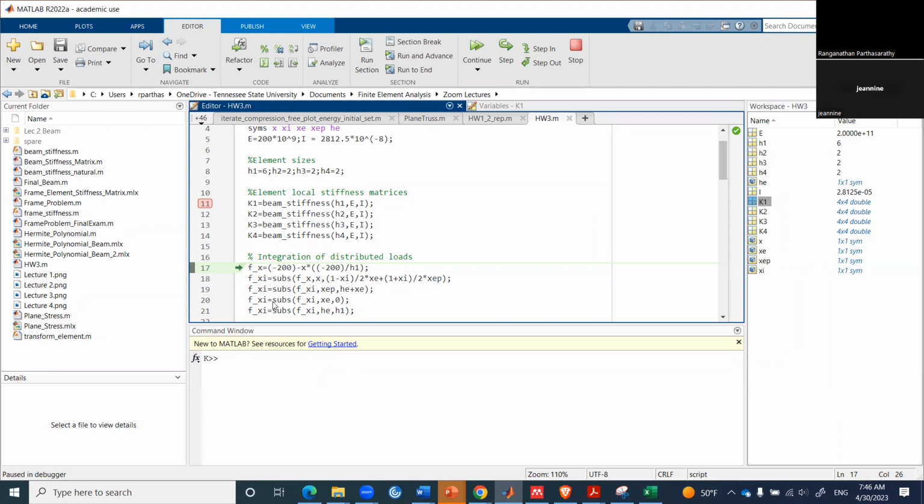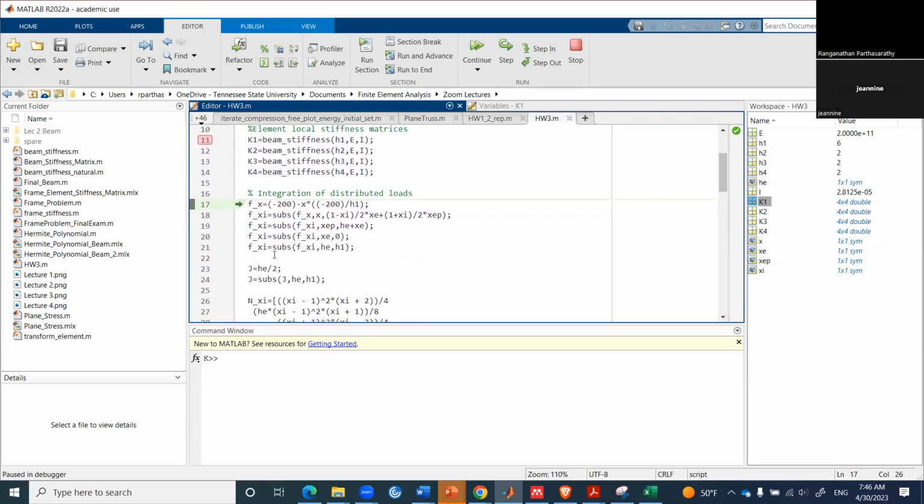So then you will get everything in terms of he. Then finally you substitute xe is 0, it is starting at 0, and he is h1.